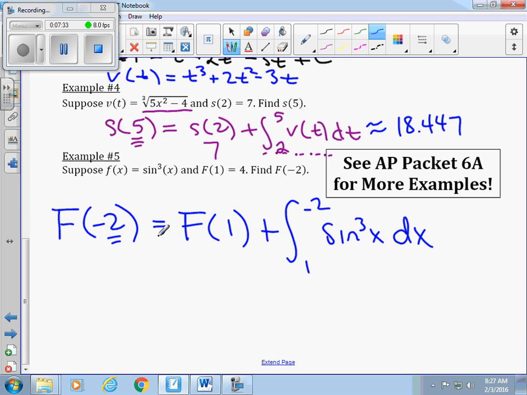If I subtract the f of 1, is this integral not equal to antiderivative at -2 minus the antiderivative at 1? It's okay that it's backwards. Your calculator will take care of it. Just make sure this one's the one on top. What you're essentially doing is unaccumulating area. You're going backwards. So our starting point happened to be farther than our ending point, so we were going backwards. That's okay.